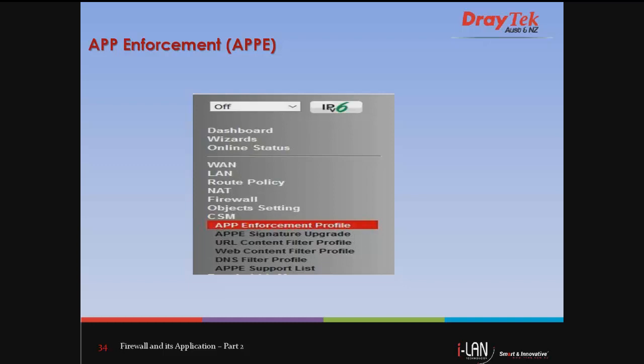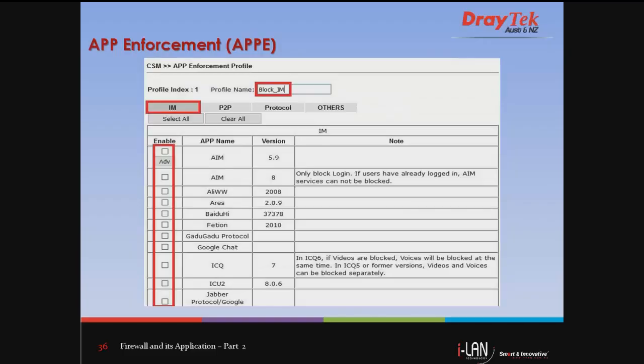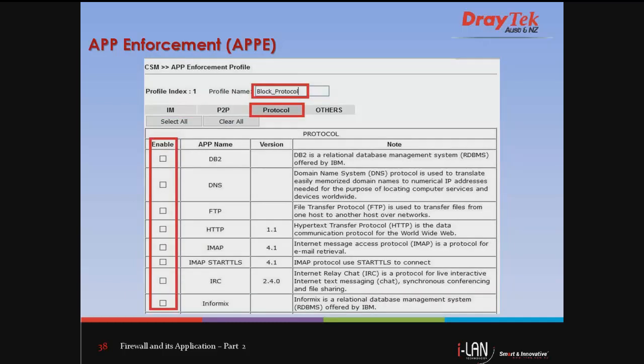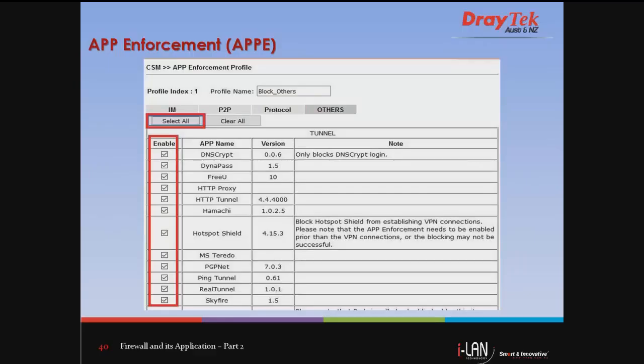To create a profile, you need to select a profile number. Under the profile, you can see 4 categories: instant messaging, peer-to-peer, protocol, and others. You can easily enable those applications by selecting Select All.